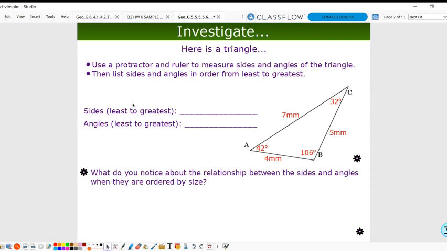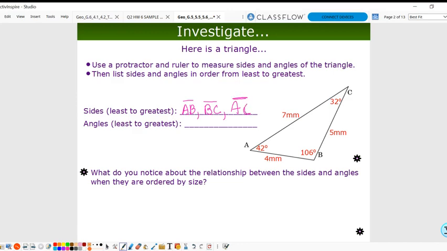If I want to list the sides in least to greatest, I can see that side AB is my shortest side. BC would come next. And then AC would be my longest side.